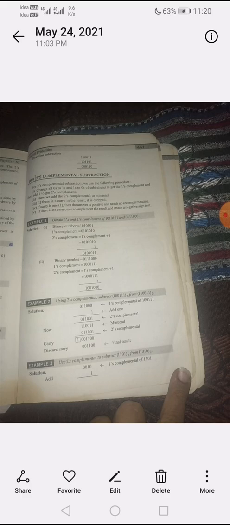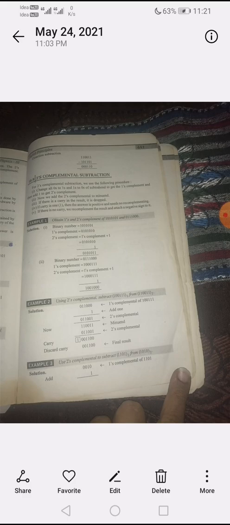We have to take the second digit followed by the first digit, then the second followed by the second, then the second followed by the third digit, and so on. This is shown in tabular form.